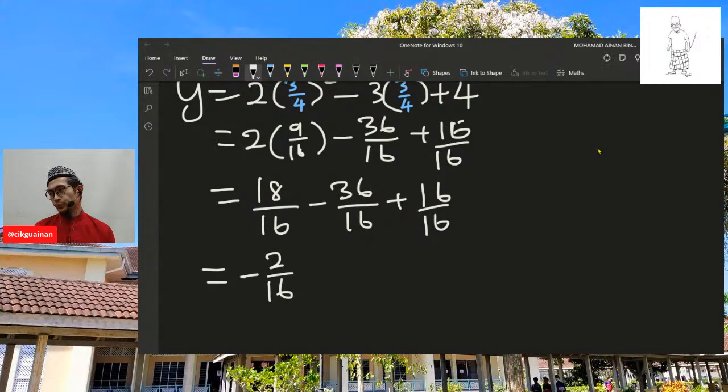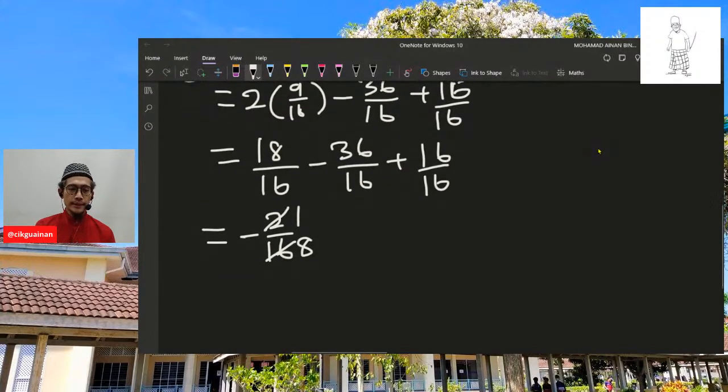Correct or not? 18 minus 36 is minus 18. Minus 18 plus 16 is minus 2. Okay, correct. So minus 2/16 can be simplified further to minus 1/8. So the answer is minus 1/8.